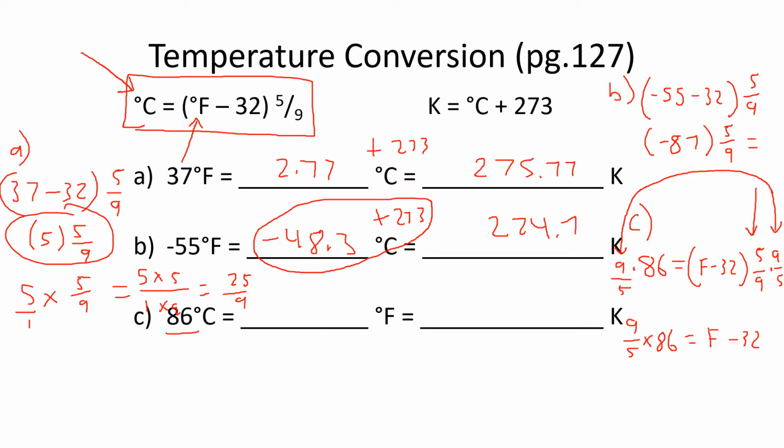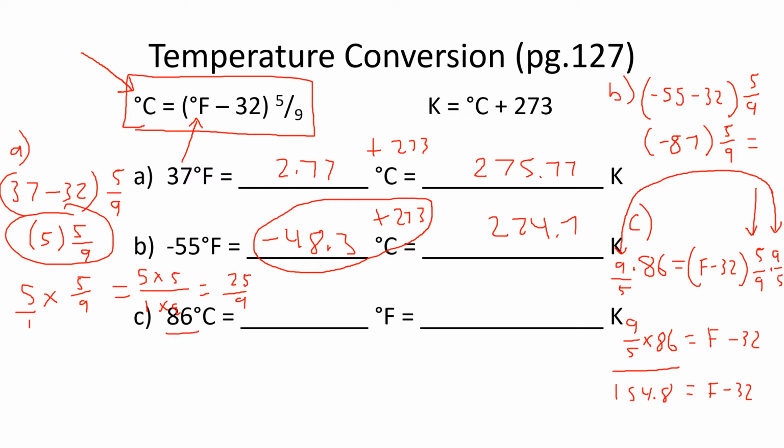All right, let's solve this side. 9/5 times 86. So just do 9 divided by 5 times 86 equals F minus 32.